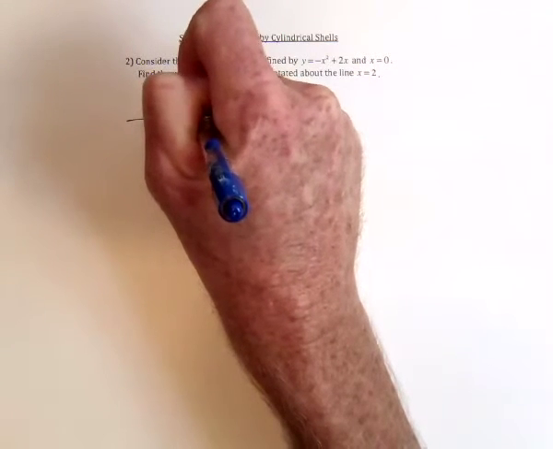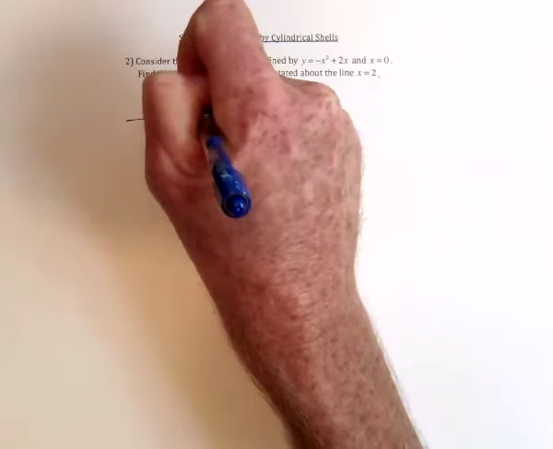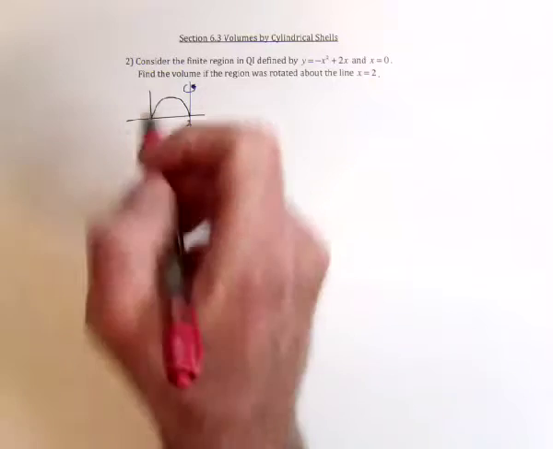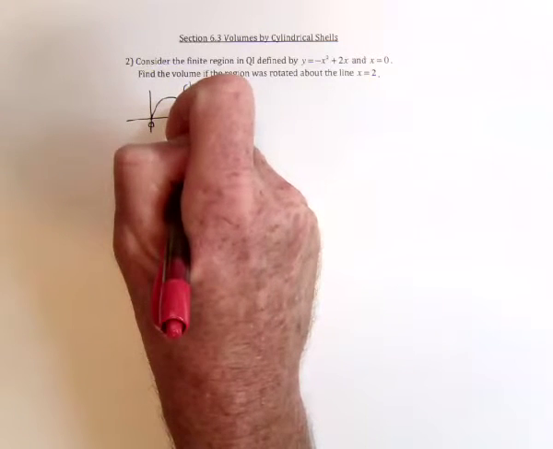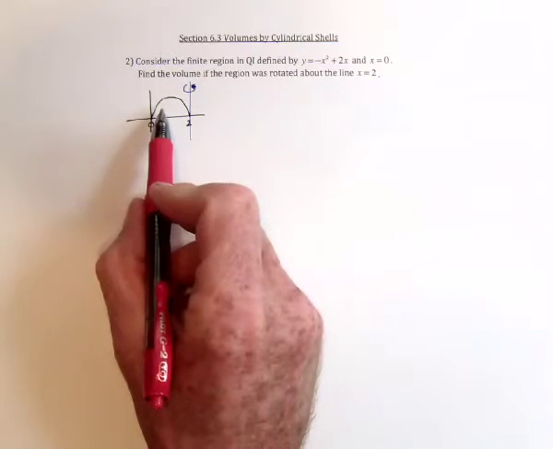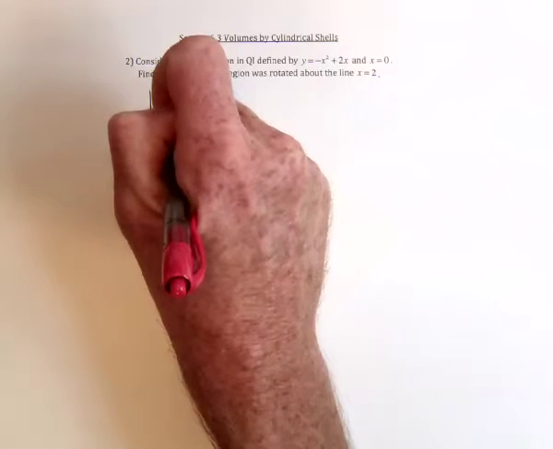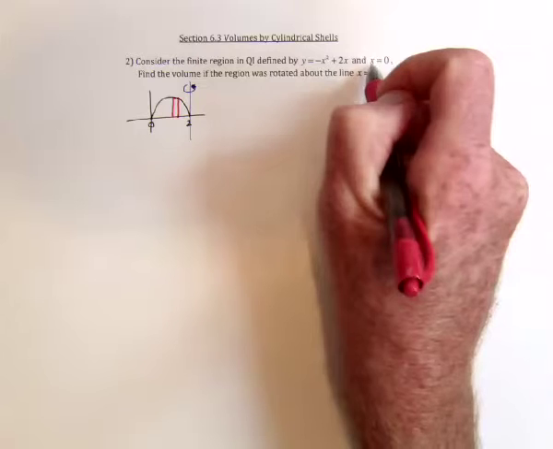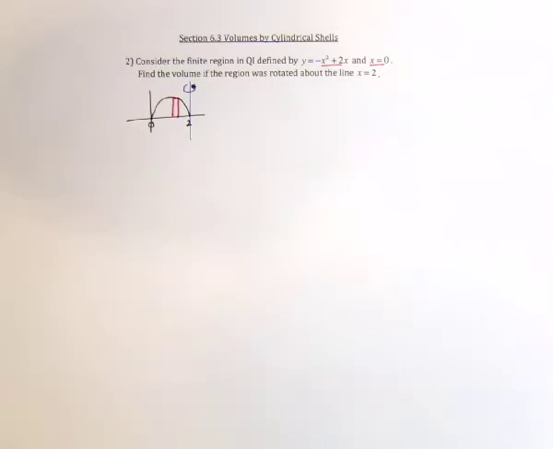Because of the shape of the region, I can't have the representative rectangle going this way from the function to the function. Instead, I have to have it vertical, like this, so that it's between the 2 functions that are described.